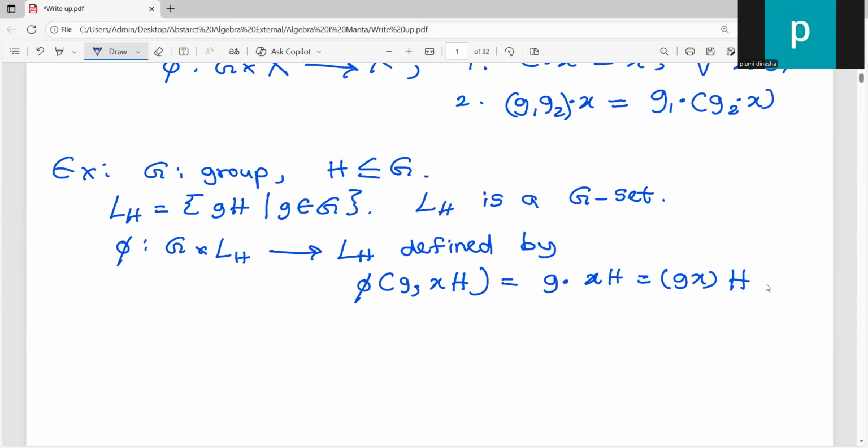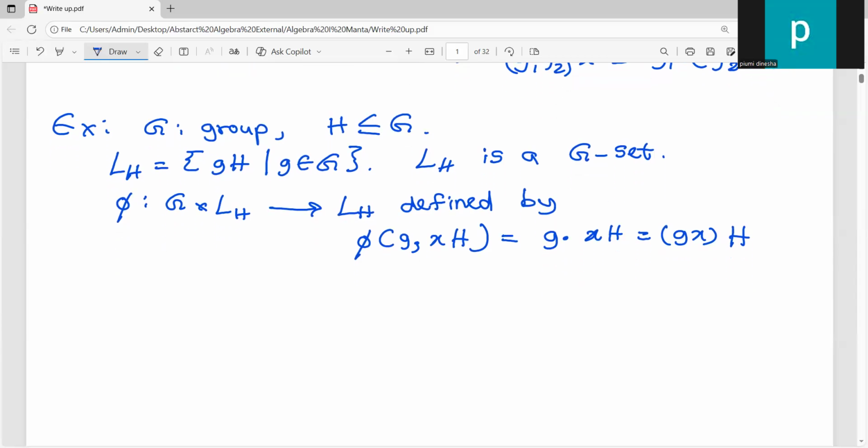In other words, these two elements will be mapped to the left coset of H in G by the element gx, because now this G is taken from G. xH is a left coset of H in G. Therefore, this representative, this element X, is also taken from G by definition. So gx, this product that you see over here, is an element in G. Right? So let's see whether this satisfies the given properties for a group action.